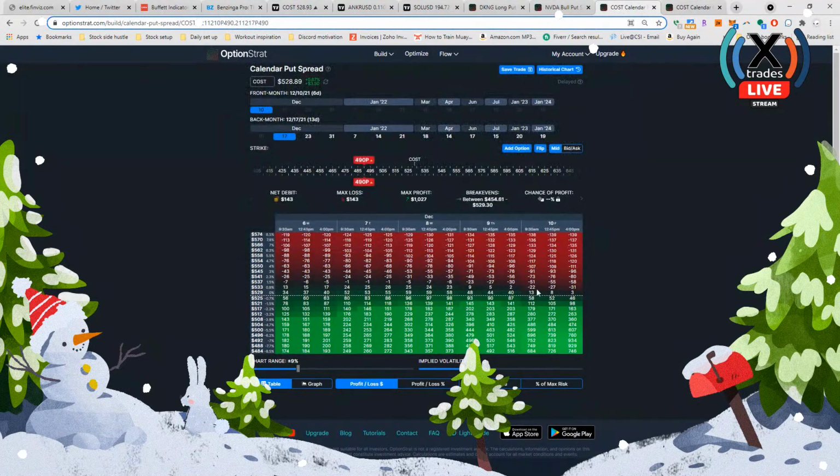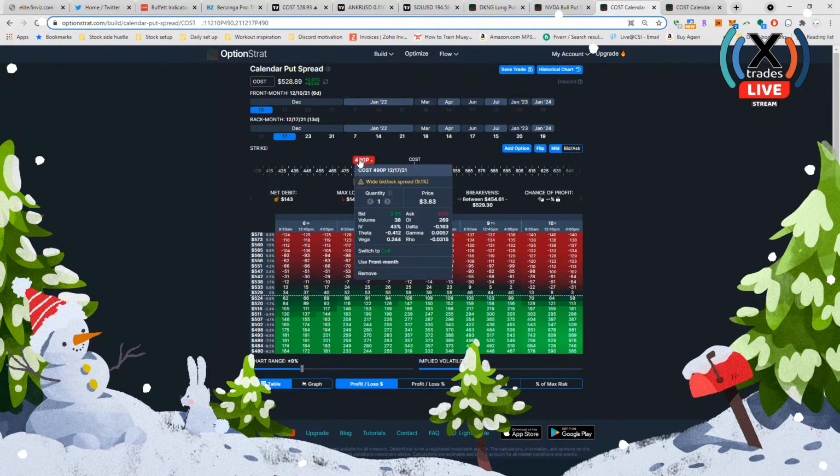So on Costco, if we're going to the downside and we're looking for 490s, let's drag this to that 490 range. That means by the earnings date, or by Friday, whether Costco goes to 480s or 490s, we're still gonna make money because we're paying so little for the contract, and the premium's just gonna get burnt off on that shorter dated contract.